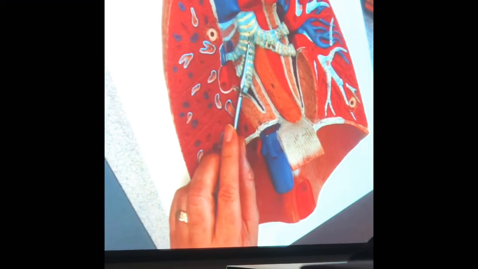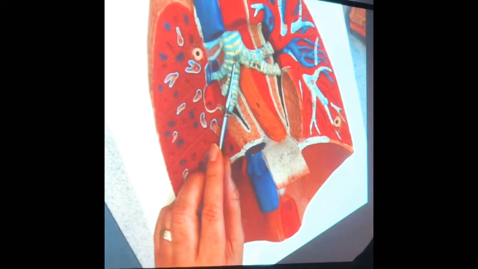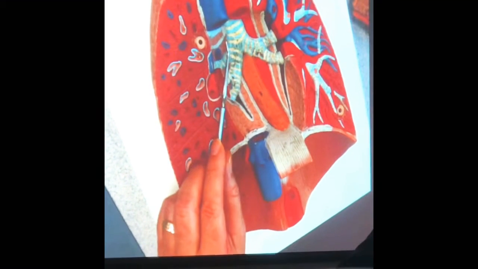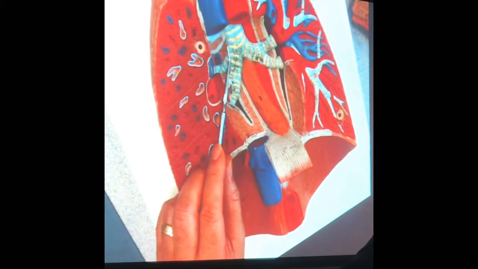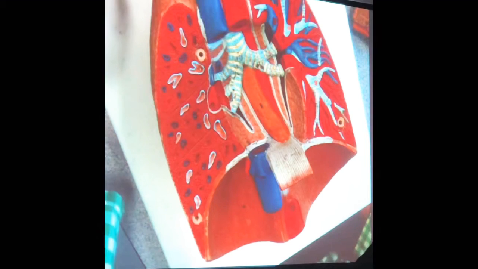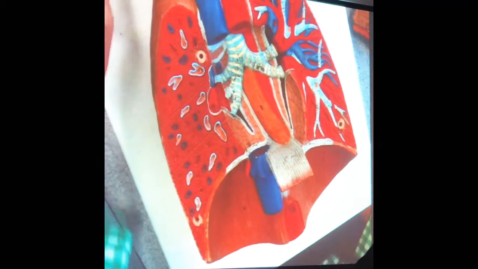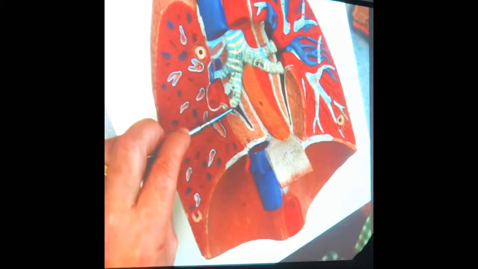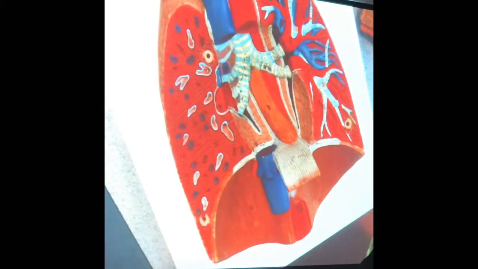So if some elderly person has Parkinson's or MS and starts to have problems with swallowing, food and water seem to find their way past the glottis, end up down the trachea, and end up in the right lower lobe.